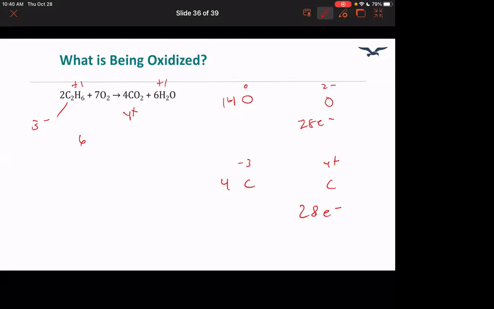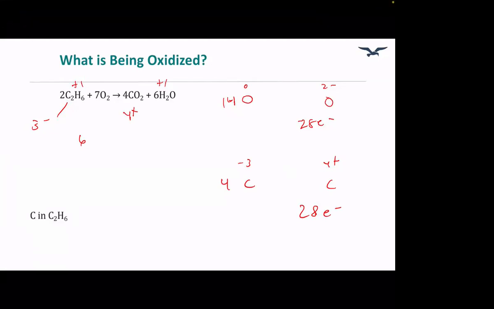So you see the hydrogen, nothing happens to the hydrogen. It's +1, +1. Always look for carbon. Anytime you see a combustion, it's going to be carbon being oxidized, and oxygen is going to be reduced. O2 is the oxidizing agent and is reduced.